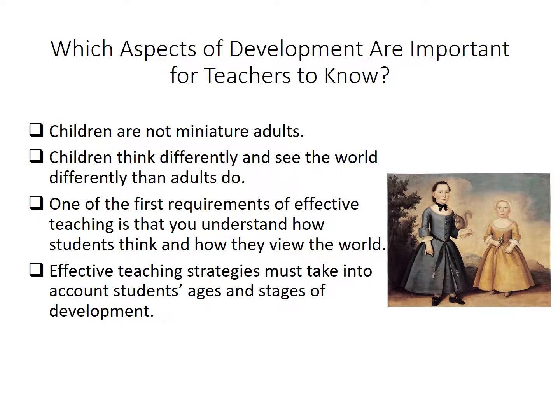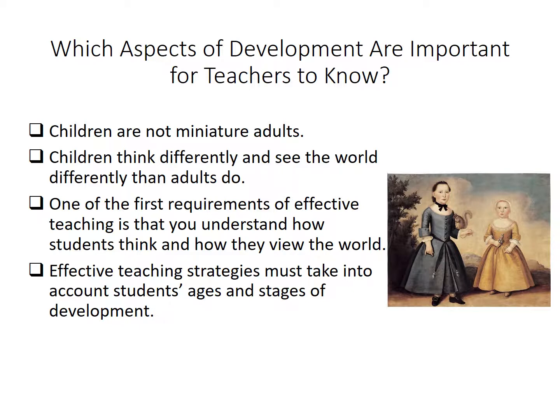Which aspects of development are important for teachers to know? As we said, children are not miniature adults. They think differently and see the world differently than we do. One of the first requirements of effective teaching is that you must understand how students think and how they view the world.